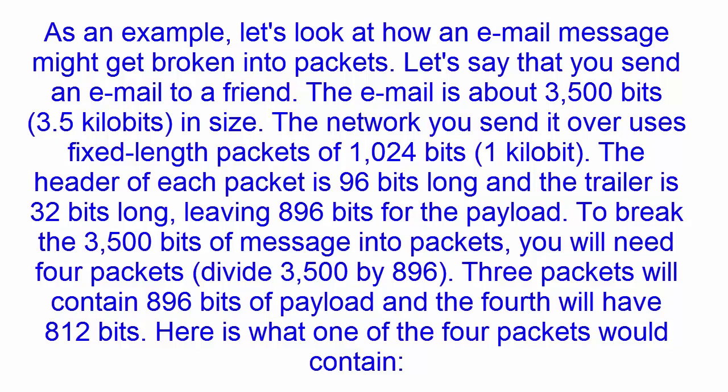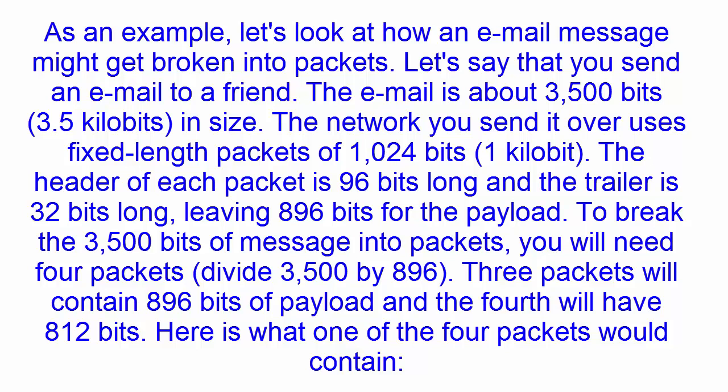The header of each packet is 96 bits long and the trailer is 32 bits long, leaving 896 bits for the payload. To break the 3,500 bits of message into packets, you will need 4 packets. Divide 3500 by 896. 3 packets will contain 896 bits of payload and the fourth will have 812 bits.